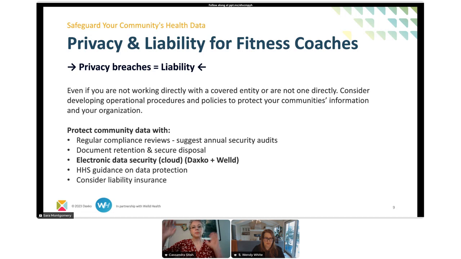But if you're trying to pull data into your organization and store it and capture it for the idea of tracking and measuring your outcomes, then you probably need to be thinking about how your privacy and liability protocols at your organization extend out to fitness coaches.